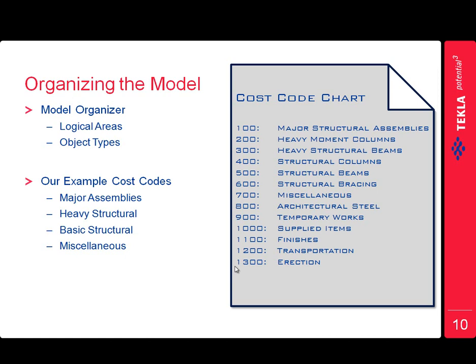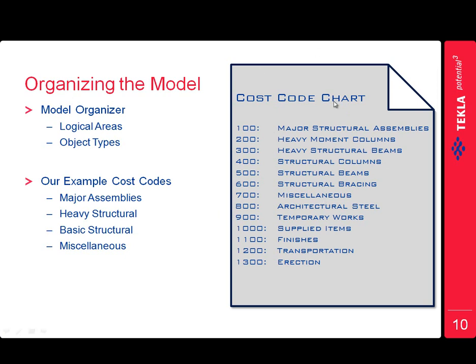So what we're going to do is create object types and label them cost codes so that we can assign different items into different cost codes. On this slide, you can see some general cost codes of how the structure could be broken up, and then you can assign a specific dollar amount.